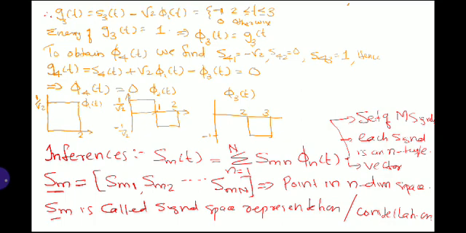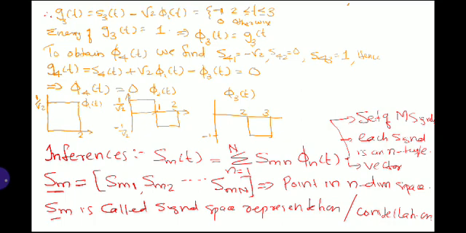So we can write Sm of t as a vector, Sm is equal to Sm1, Sm2 up to SmN. That is a point in capital N dimensional space. Please correct that, it is not small n dimensional.